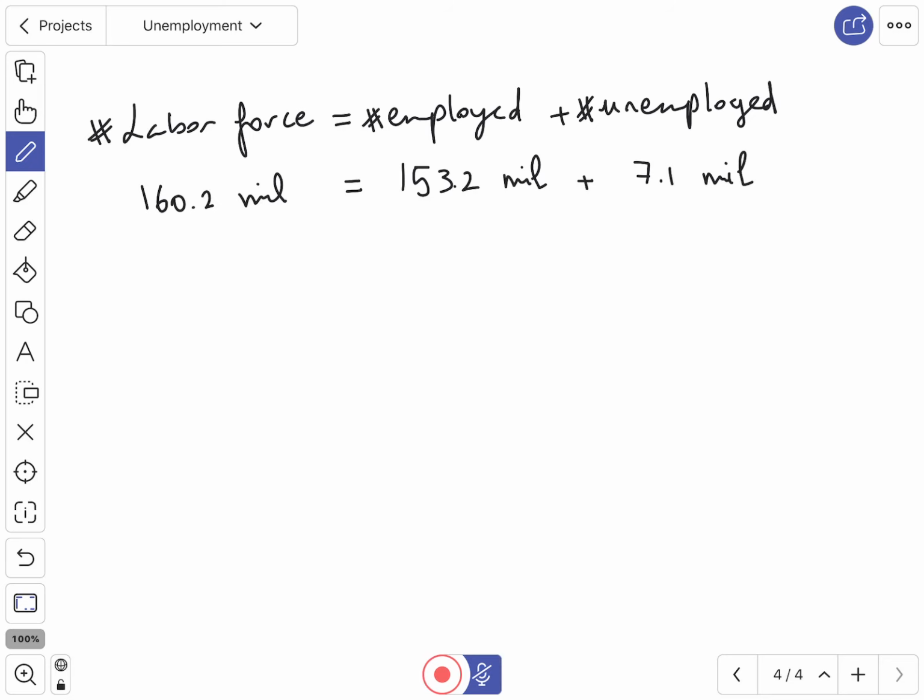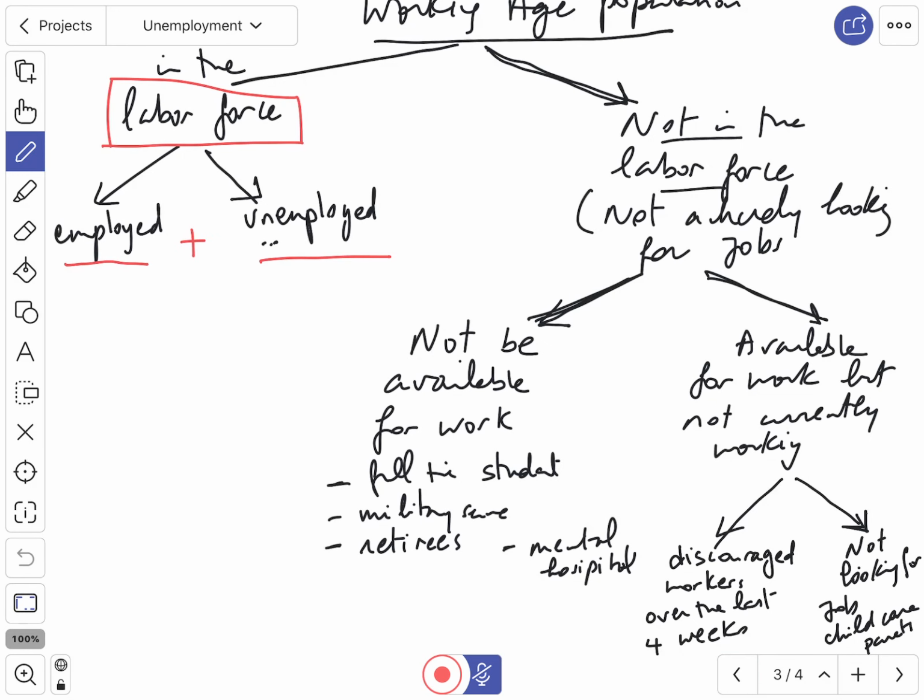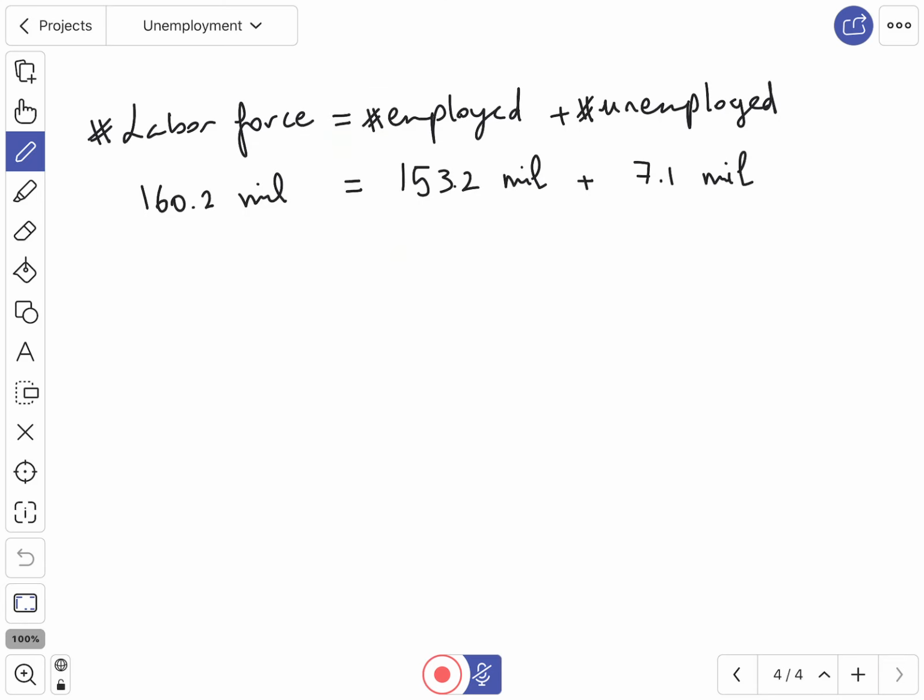The other statistic that we can get, which is very famous, is the unemployment rate. How can I compute the unemployment rate? You take the number of people who are unemployed, divide it by the labor force, and multiply by 100. This is our second important statistic.